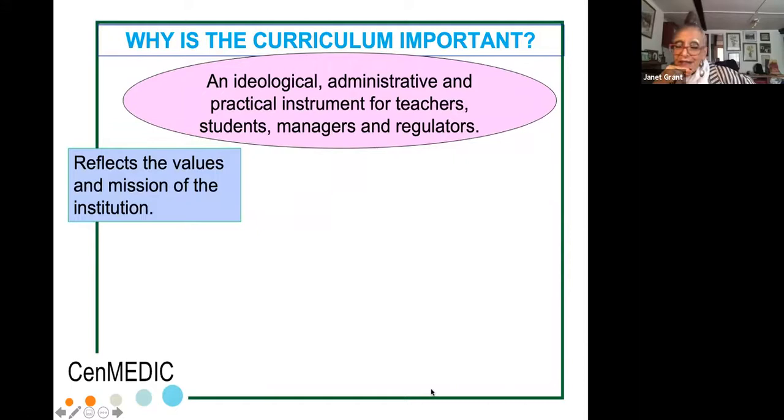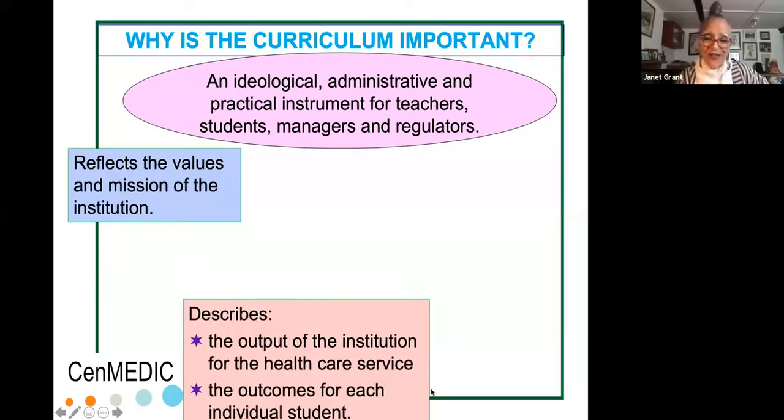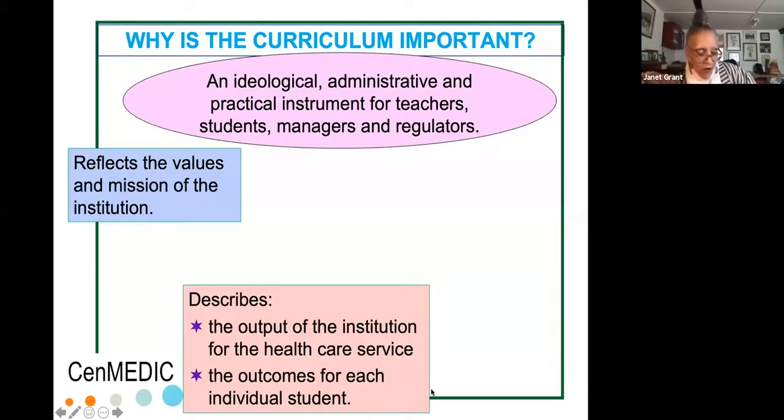It must reflect the values, the mission of the institution. If it doesn't do that, then there's something wrong. It must describe the output of the institution for the healthcare service, or indeed for somebody else's healthcare service, if you happen to be an offshore medical school in the Caribbean or something. It should describe the outcomes for each individual student.